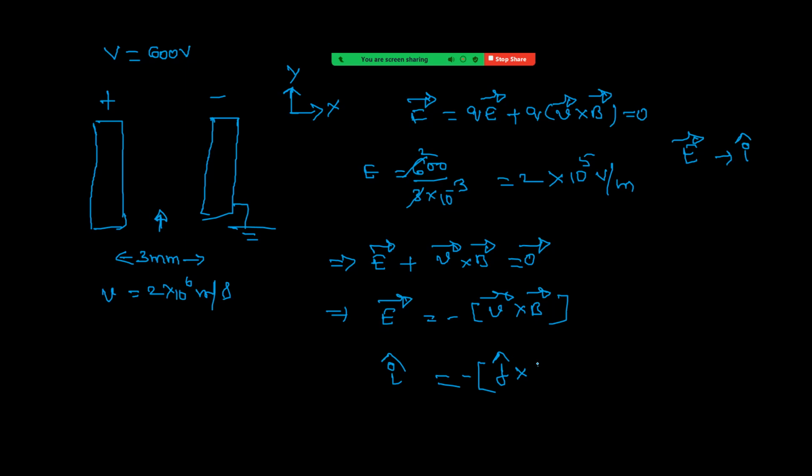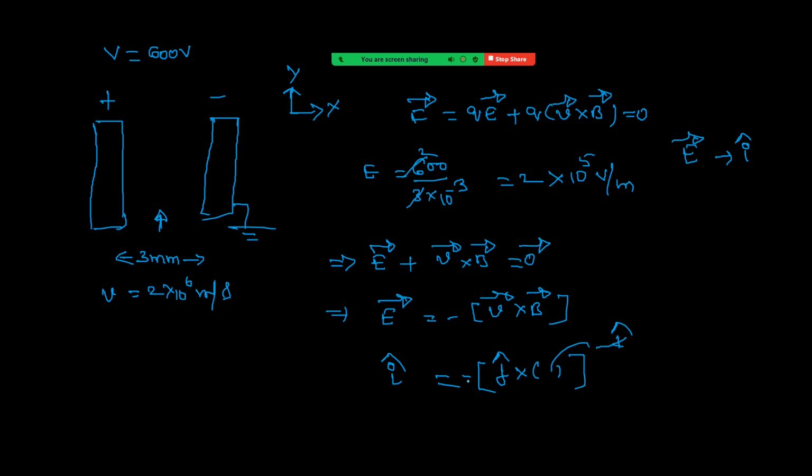So j cap cross something with a negative sign, this something must be minus k cap. If this is minus k cap, then j cap cross k cap is i cap.